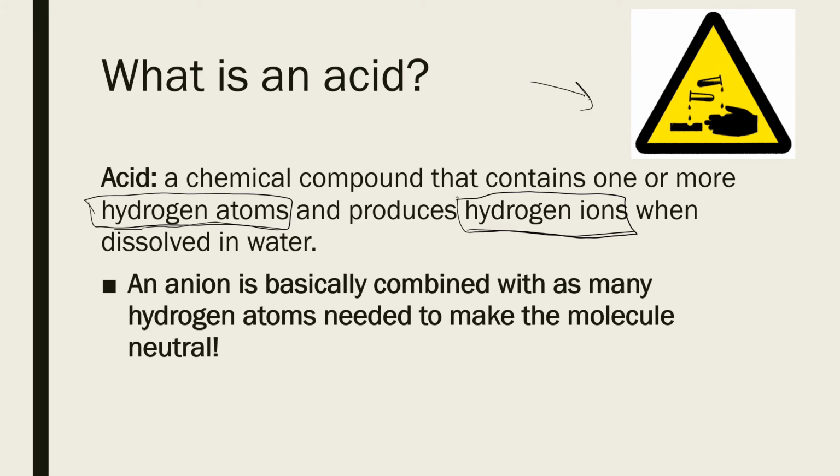An anion is basically combined with as many hydrogen atoms needed to make the molecule neutral. And that's how an acid is formed.